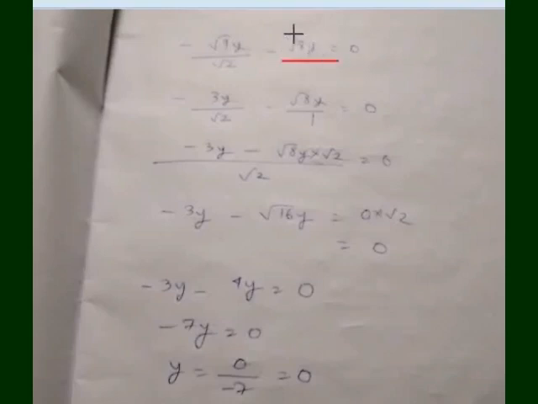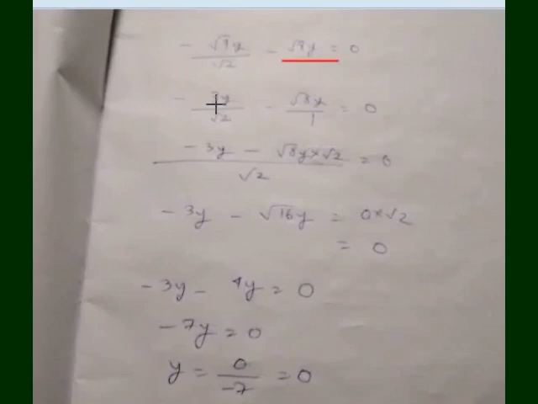Here, below this minus root 8y, nothing is there, so we assume that 1 is here. Okay, so we take the LCM of root 2 and 1, it is root 2, and it is minus root 9y.